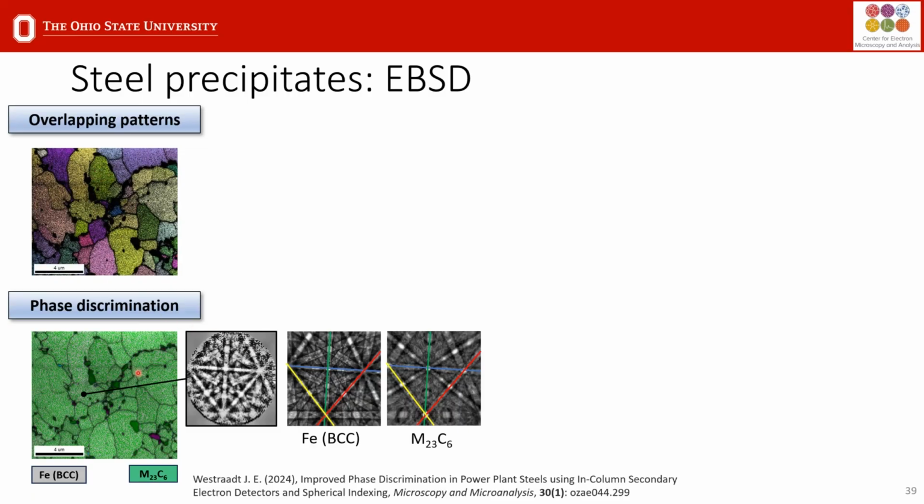And then for this particular material grade, we ran into this issue where you have iron grains that have very similar Kikuchi bands compared to the M23C6 precipitate. And when you try and do Hough-based indexing, it really confuses the two phases.